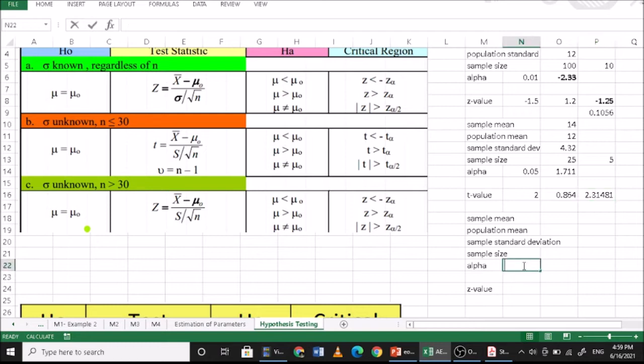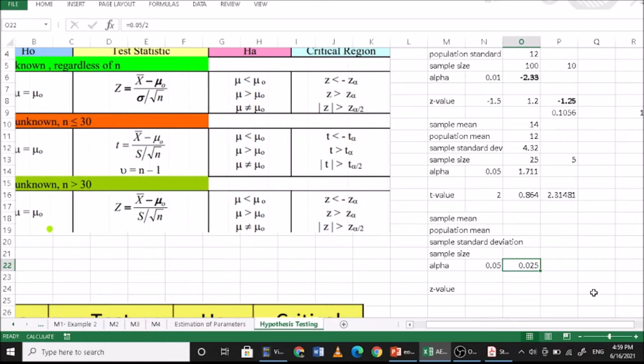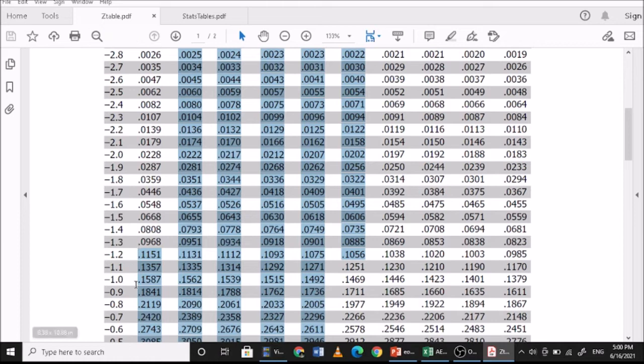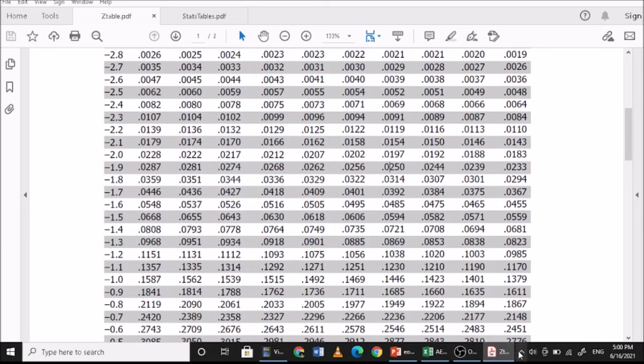The alpha given is 0.05, and since this is z, 0.05 divided by 2 is 0.025. So z alpha over 2 is equal to 1.96.